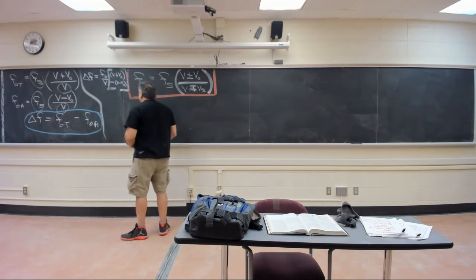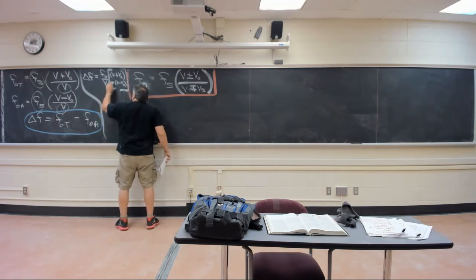What is minus V? Minus a minus is plus V0. Minus V minus a minus is plus V0. Plus V0 plus V0 is 2V0. V minus V is 0.